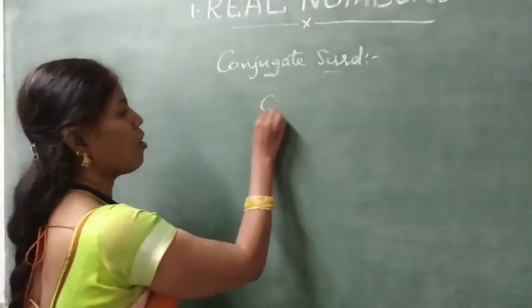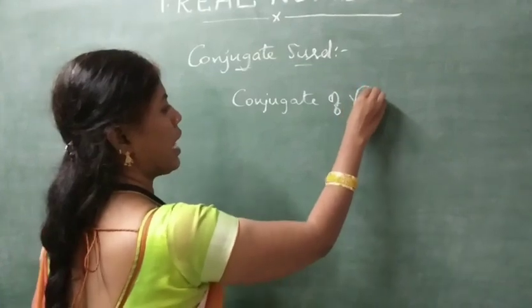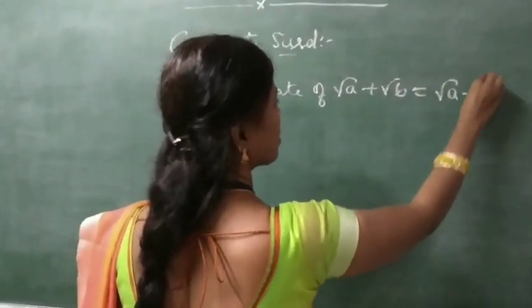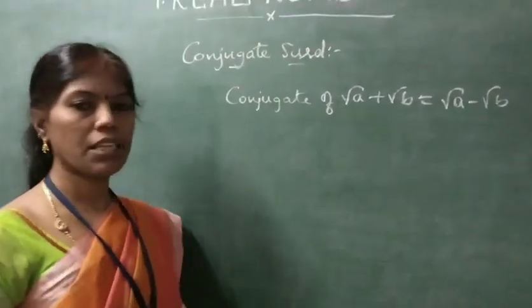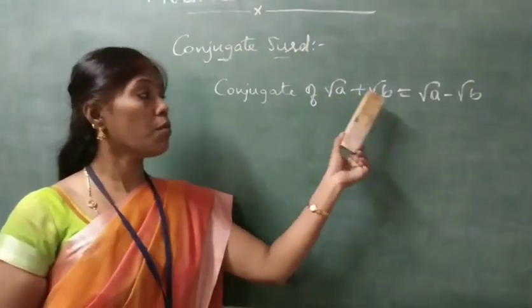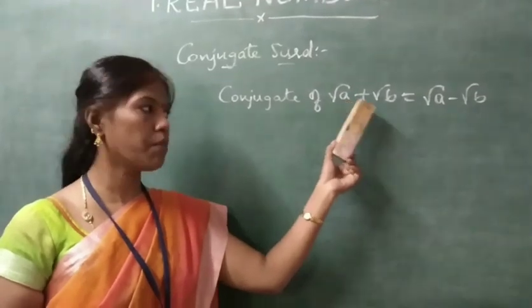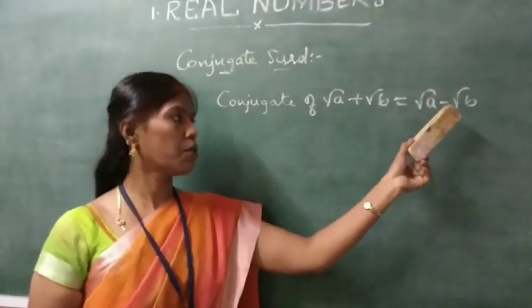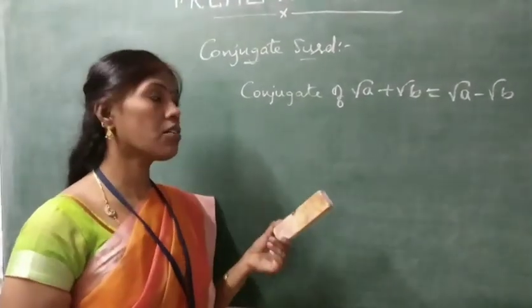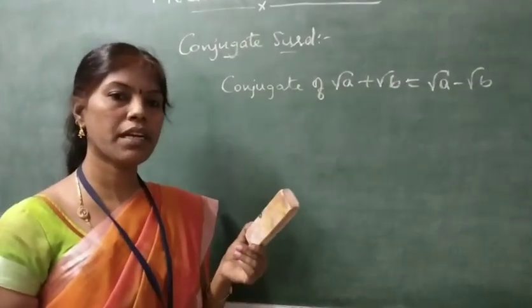So the conjugate of root A plus root B is root A minus root B. As I told you, these both are quadratic surds. So the conjugate of root A plus root B is nothing but root A minus root B. Conjugate surds are also known as complementary surds.